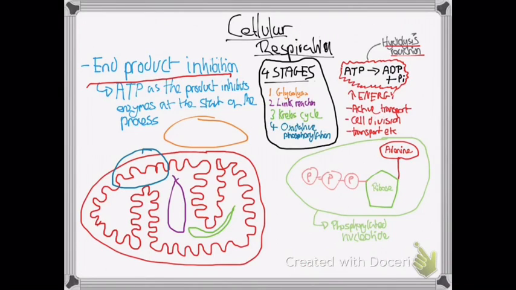So to get pyruvate in, we're going to have to get it into the matrix, and that is an active process. What we know about active processes is we've got a protein channel. It uses ATP.